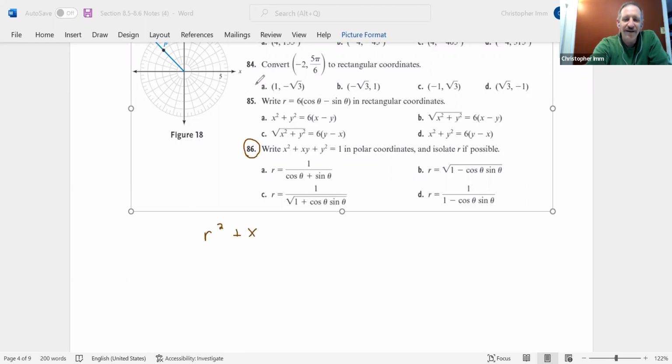And remember, if I'm trying to turn this to polar, I need to get rid of all the x's and y's and turn them into r's and thetas. So I do know that x is r cosine theta, y is r sine theta.